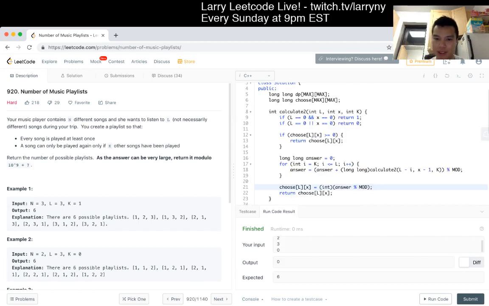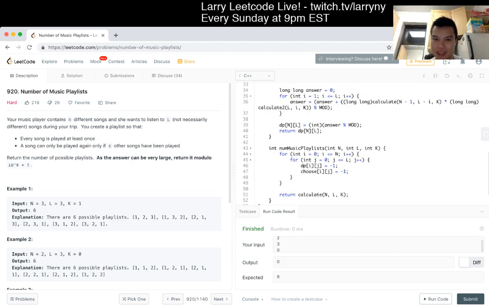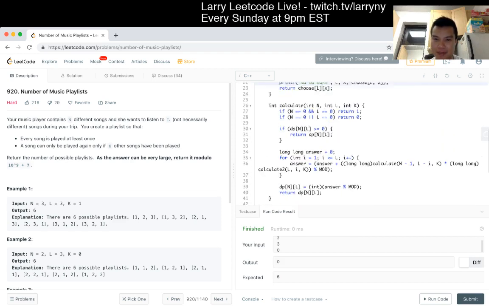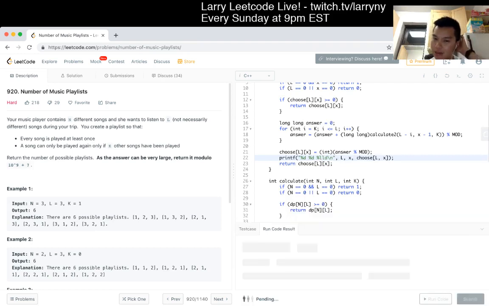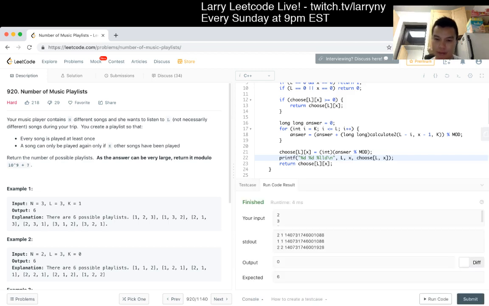Let's look at this code first. Oh, these are actually long longs, but I wonder if that matters. Well, it matters here at least. Oh, baby.